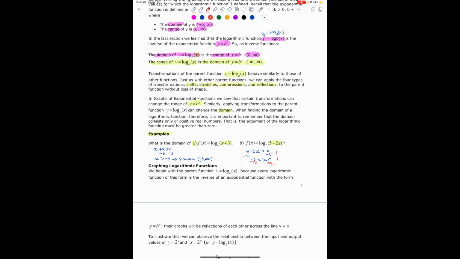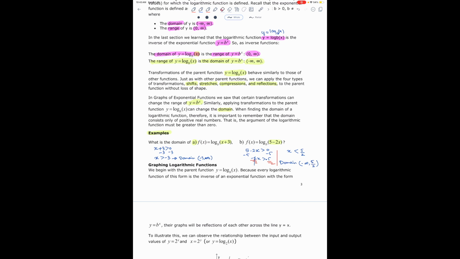Because the division happened with a negative number, I have to flip the inequality sign. So I will have x is less than 5 over 2, because the negatives are going to cancel one another. Now, converting into interval notation, the domain is going to be from negative infinity to 5 over 2. So that is the domain of the second logarithmic function.